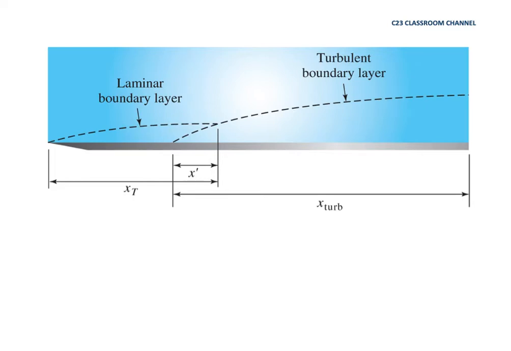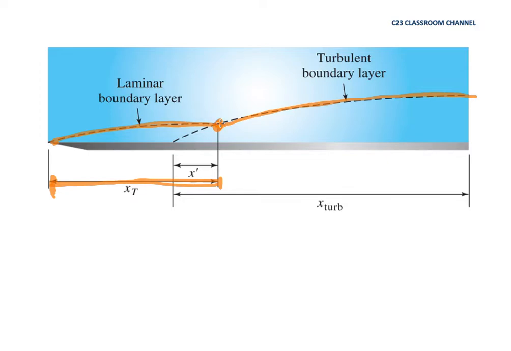Here is the idea of how to calculate this situation. At the beginning, the laminar boundary layer occurs, so we could determine the length of this part. From this point, the turbulent boundary layer occurs.